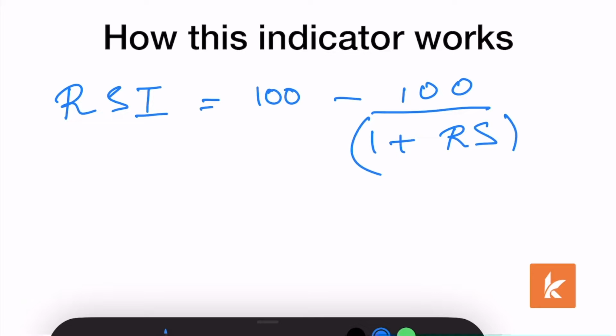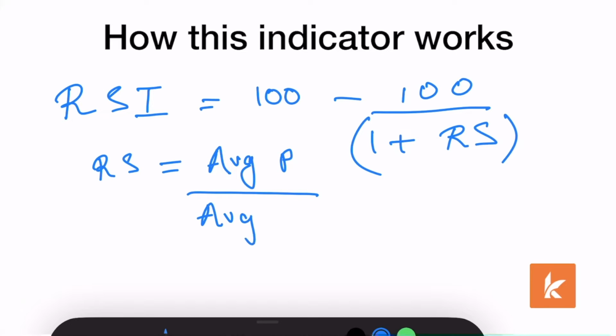So how do you calculate RS? RS is nothing but average profit upon average loss. This average is considered over a time period, all right?